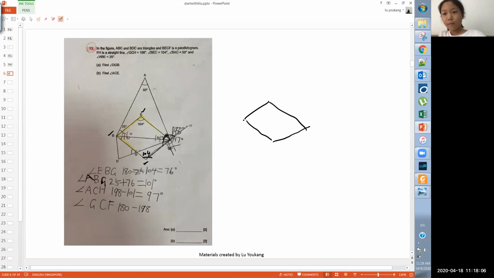So this is my BECF. This is 104. This is also 104. This is 76. This is also 76. So that means if this is 76, then this will be what?